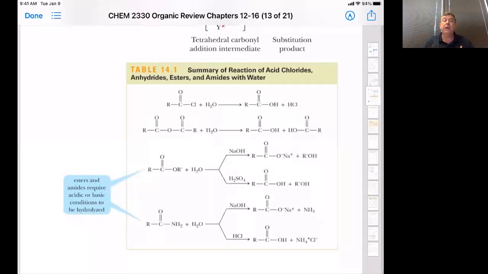And then we found out amides are the hardest to do. In both cases, they are mediated. Neither one is catalytic because we create a salt of either the nitrogen portion of the amide or the carboxylic acid portion, depending on whether we use acid or base.